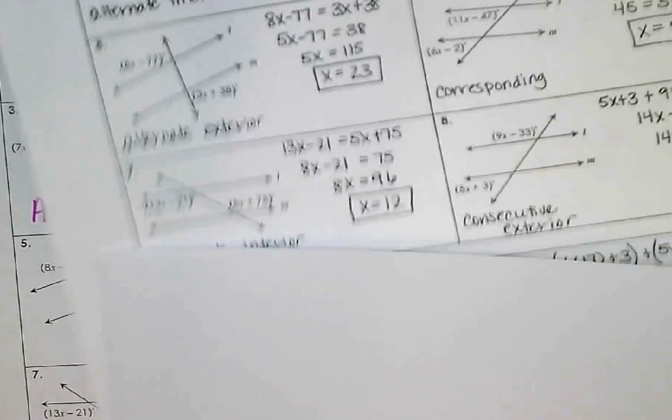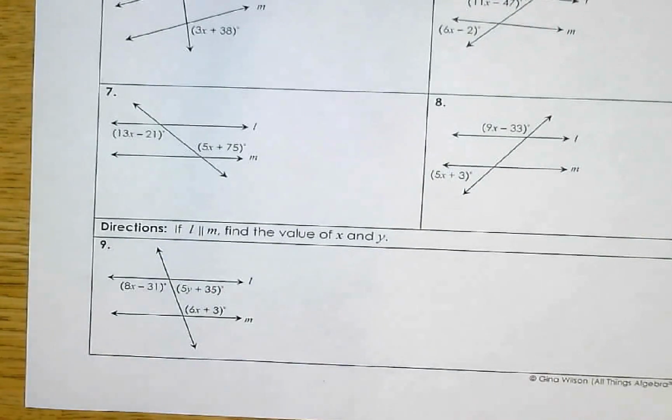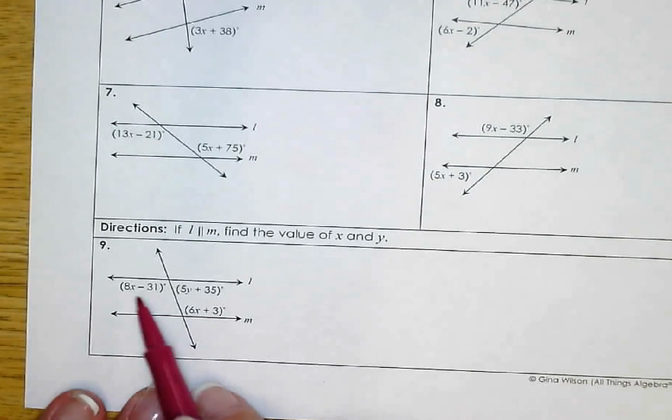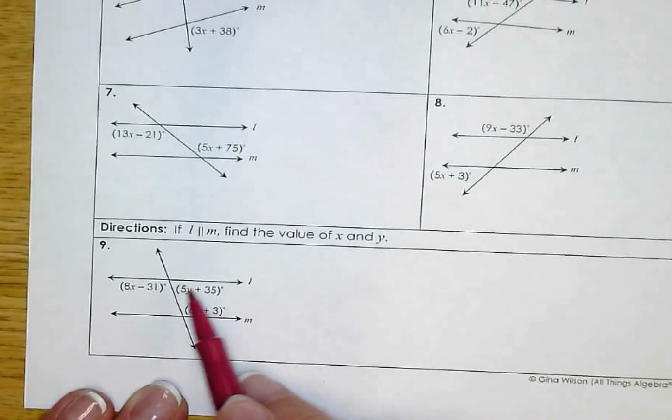The last one I want to do is how do you find the values of x and y? It's telling me in the directions that L is parallel to M, and we want to find x and y. So we have to figure out, you can't do both x and y in one equation. So we have to find the relationship between angles that have an x in it, and then this is the only one that has a y, so we'll deal with that last.